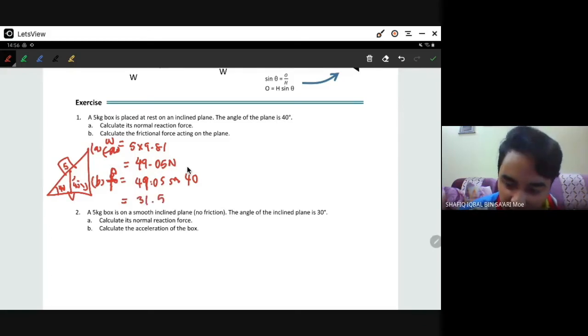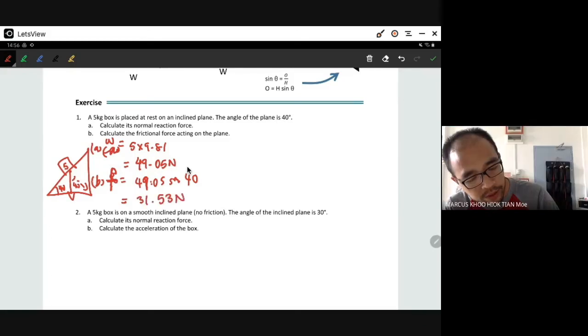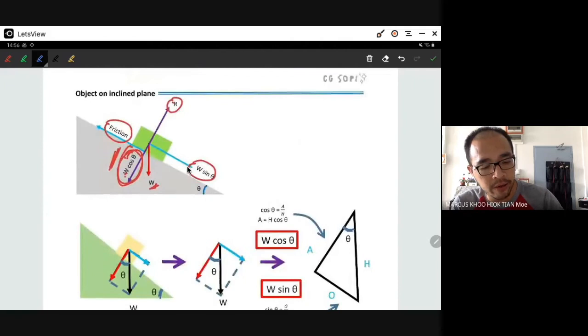31.53. Okay, 31.53 newtons. Everybody okay with this for question B? Yeah? Okay, let's complete question A. So far, Angeline has only given me the weight, but not the reaction force. We established earlier that the reaction force is the same as W cos theta.